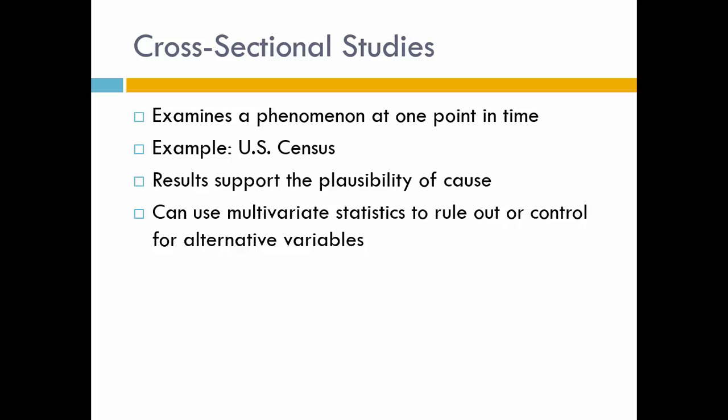So if you remember in your statistics class, when we use the regression analysis, we are looking at several different variables at a time while controlling for the other ones. Okay, so we're holding other variables constant while we look at each different variable. And that helps to rule out or control, but it still gives us lower internal validity.